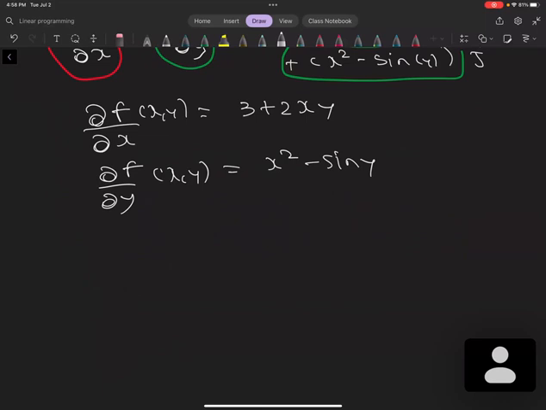So we're gonna start with this one. What we're gonna do is integrate both sides with respect to x. By the fundamental theorem of calculus, you will obtain f.